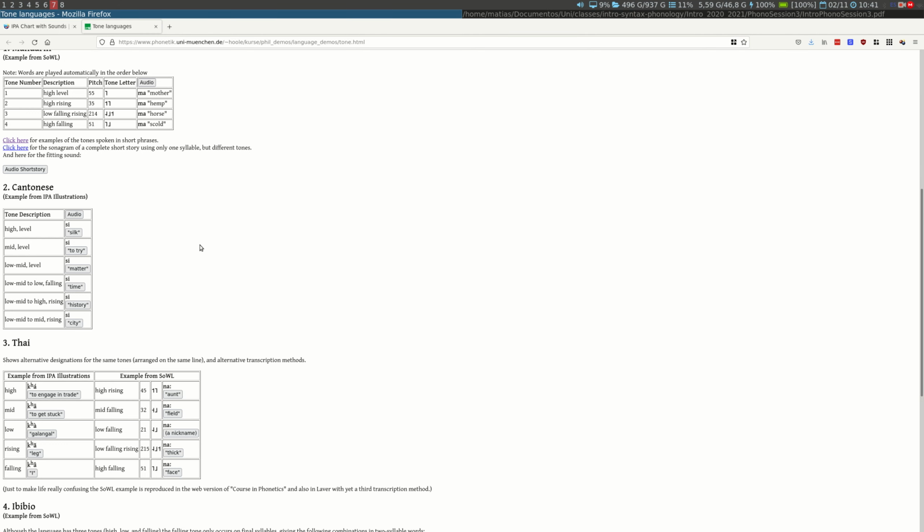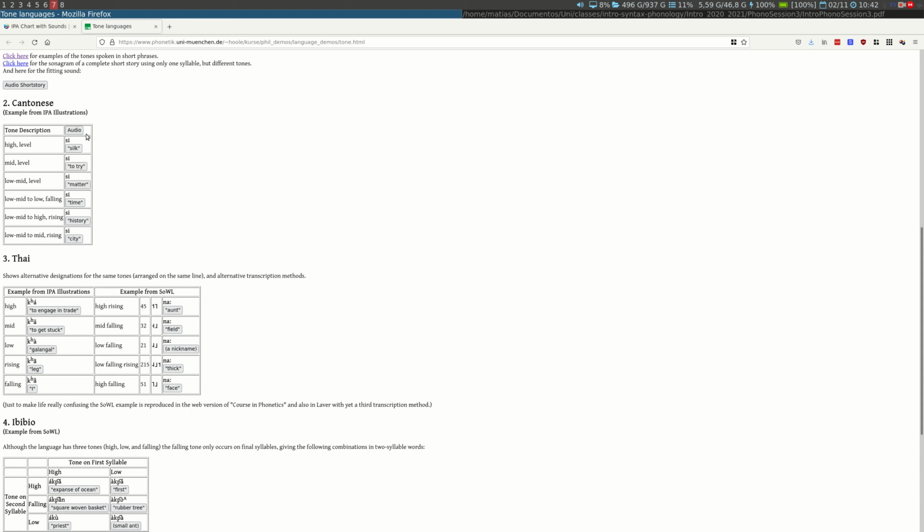So here are some examples from Mandarin. Four different words with ma, and depending on the tone, they change the meaning. So from mother, hemp, horse, and scold. You can hear it. Ma, ma, ma, ma. But there are other languages. Here's, for example, Cantonese.